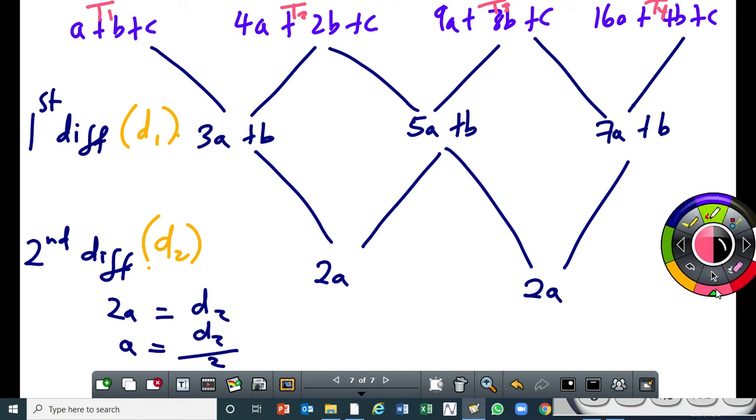To get B now, we generally use the first term of the first differences.